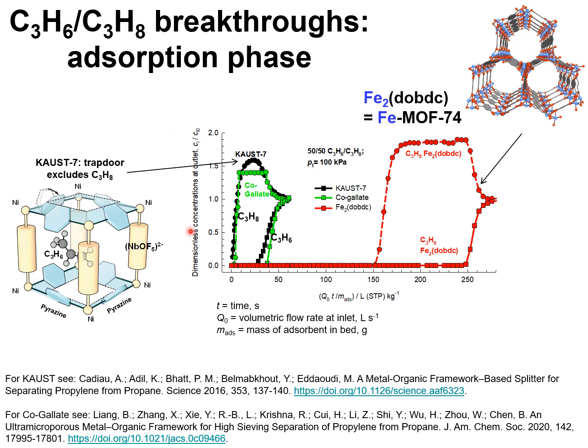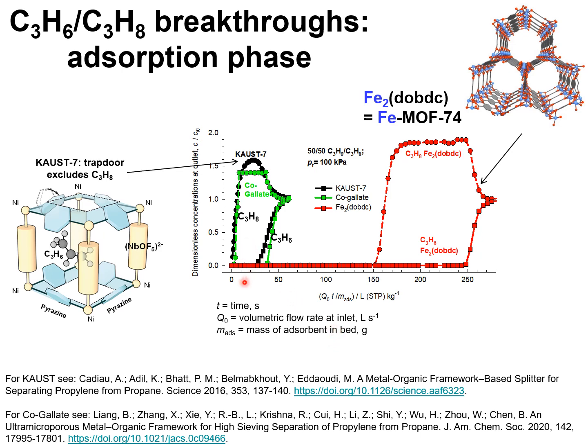The graph plots the dimensionless concentrations at the exit as a function of a modified time parameter, where t is the time in seconds, Q0 is the volumetric flow rate of the gas mixture at the inlet in units of liters per second, and this quantity is divided by the mass of the adsorbent in the bed.